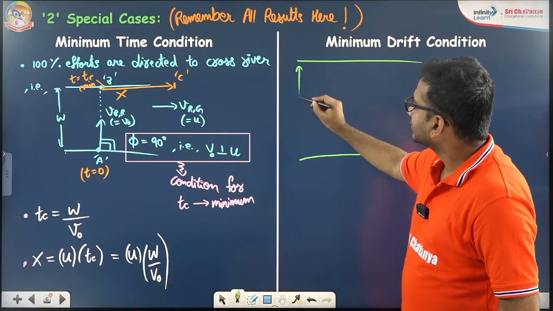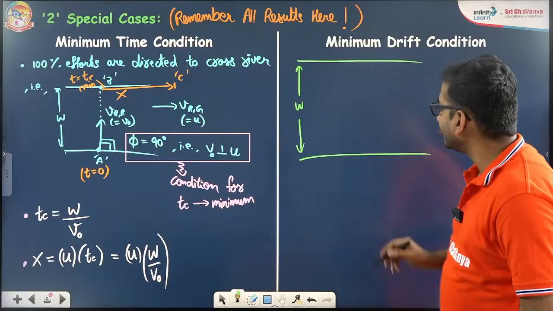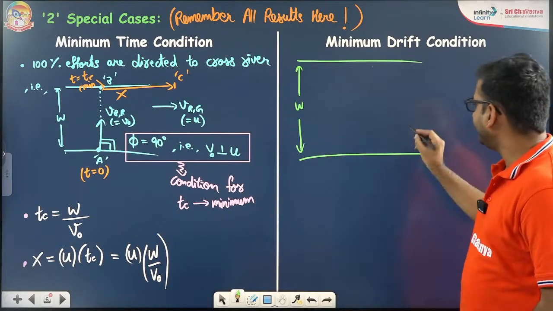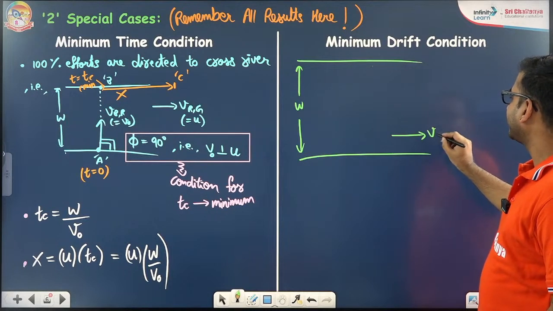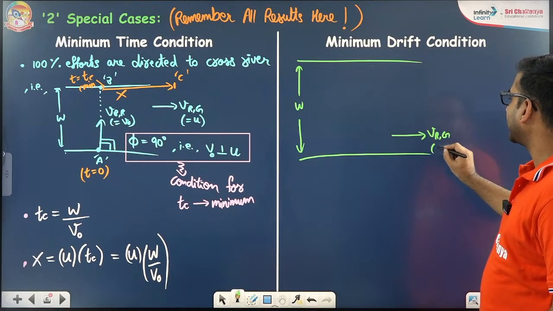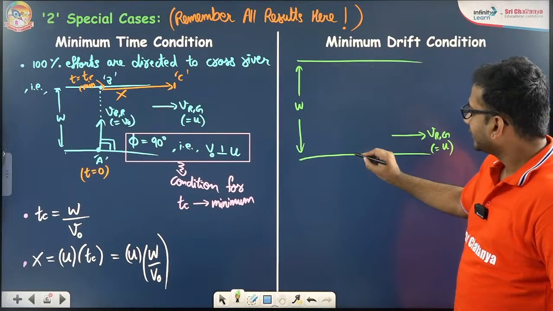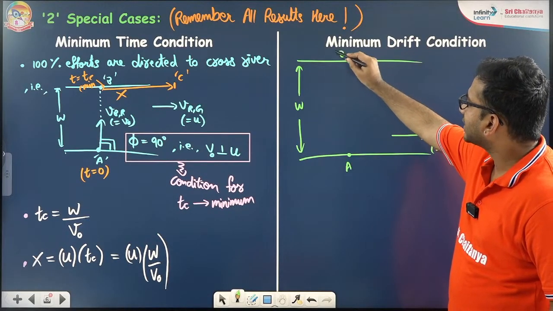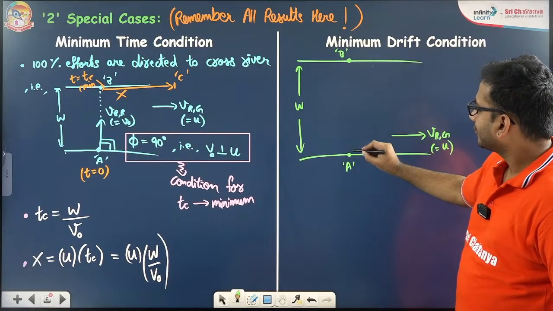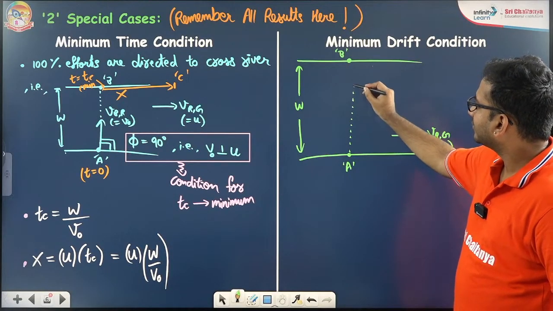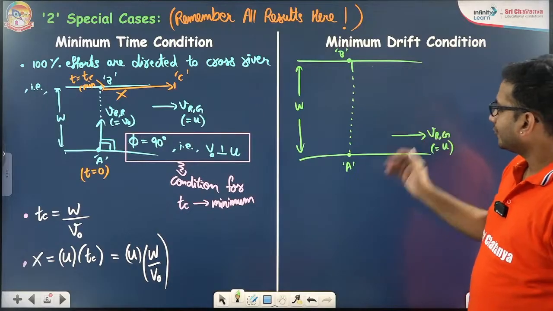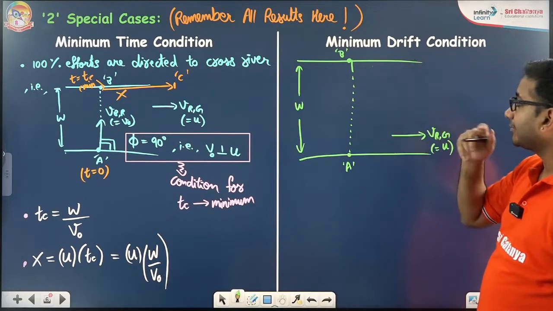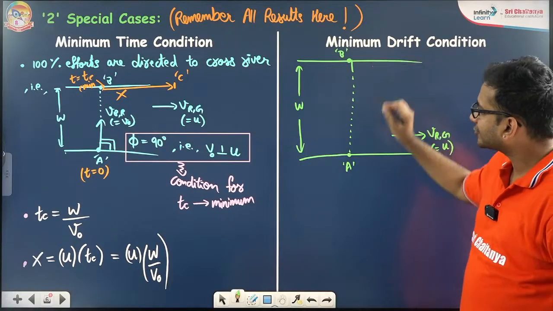So this is the flow of the river, velocity of river with respect to ground, that is U. This is point A. This is point B, exactly opposite, and in the flow of the river this will be point C. But you don't want any drift. This time, minimum drift condition means you want to exactly reach there.